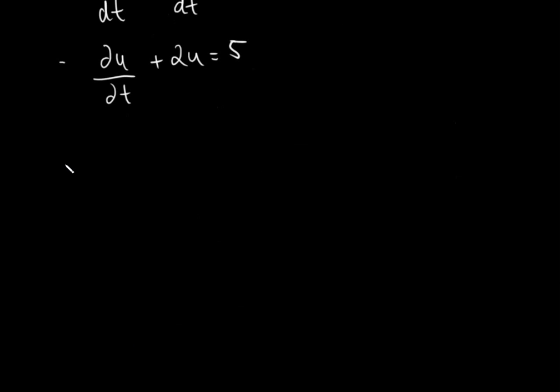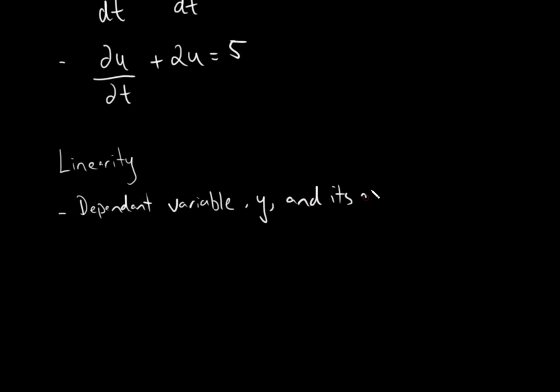And the last characteristic I want to talk about is linearity. Okay, a differential equation is linear if the dependent variable, let's say y, and its derivatives are of the first degree.